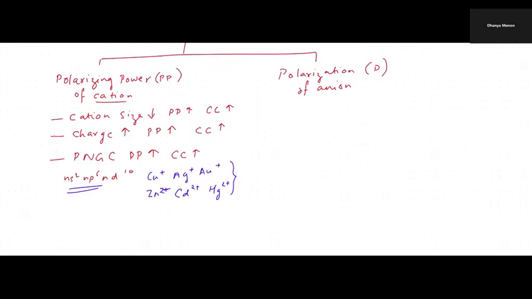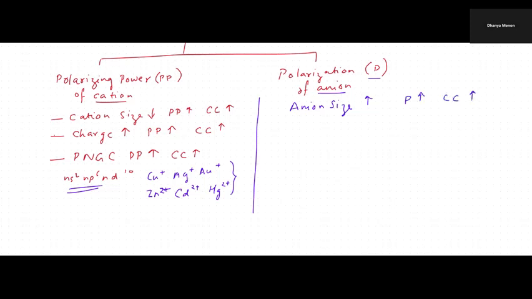We also discussed for anions, size. So anion size increases, what happens to the polarization? Polarization is more. Covalent character is more.